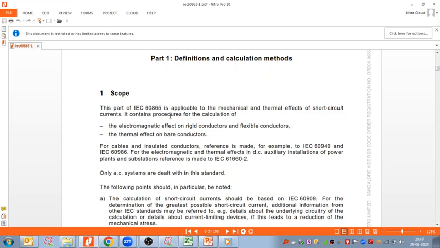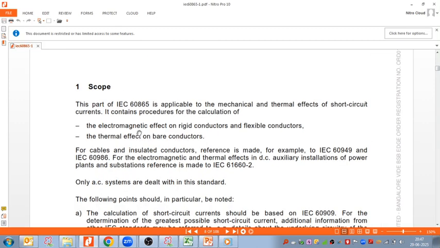This part of 60865 is applicable for the mechanical and thermal effect of short circuit current. It contains procedures for the calculation of electromagnetic effect on rigid conductors and flexible conductors, and the thermal effect on bare conductors, so we will also take the thermal effect.